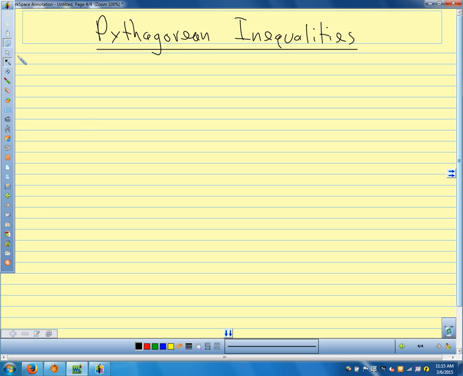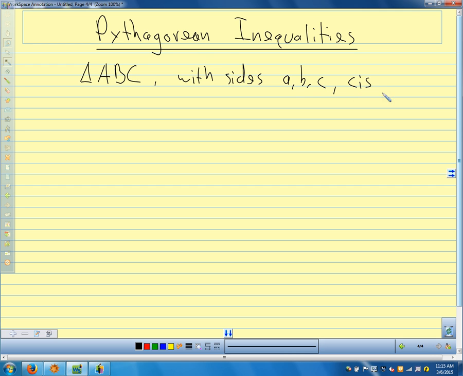All right. So for the Pythagorean inequalities, we have triangle ABC, and the sides A, B, and C, and C is the longest side. There are three things we can figure out.